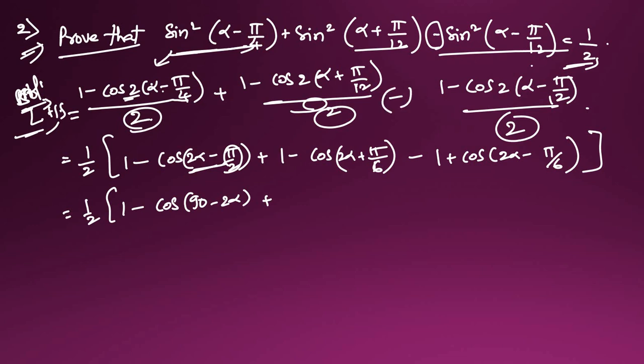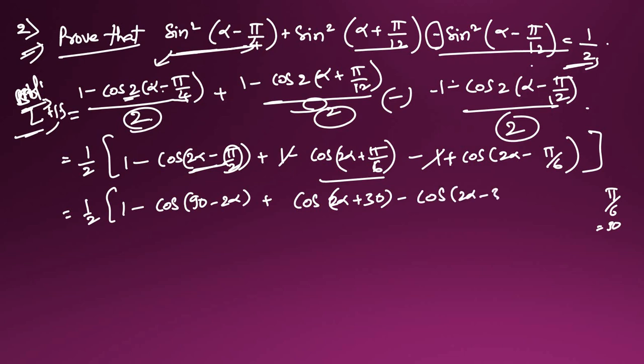This minus into this minus 1 and plus 1 will come here, so this minus 1 plus 1 will get cancelled, so this is over here, and cos of 2 alpha plus this is pi by 3, is equal to how much? Pi by 6 means 30 degrees. This 30 degrees will come here, minus this is also cos of 2 alpha minus 30 will come here, so this is total here.